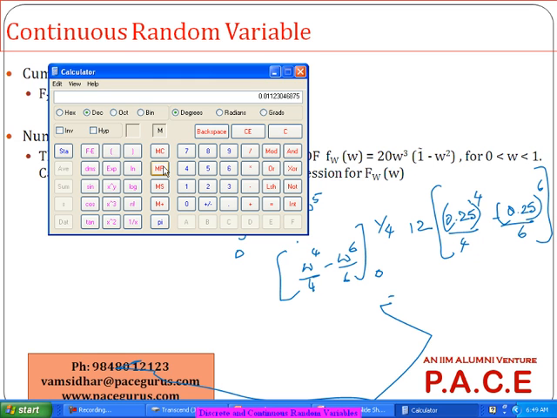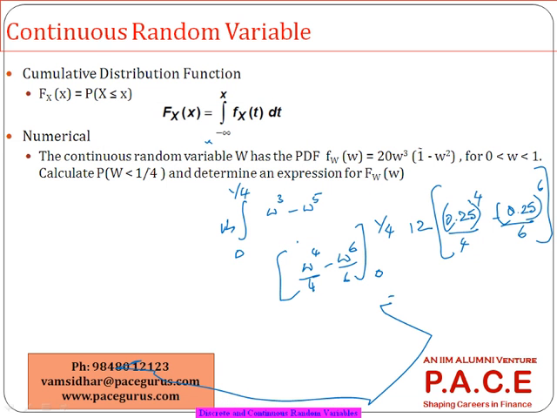So the probability that the value lies below 1 by 4 is 0.011 itself.